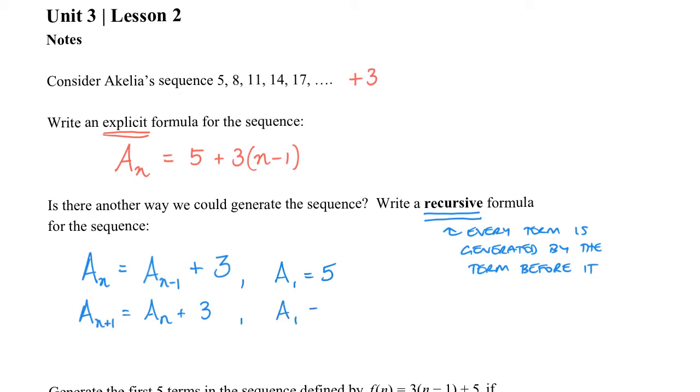We have to tell you that A sub 1 is 5. So this is a different way of looking at it. Some of you might actually prefer this. Remember, these both say the same thing. This one uses n and n minus 1, current term, previous term, and this uses next term, current term. It's just a different way of looking at it, but it means the exact same thing.